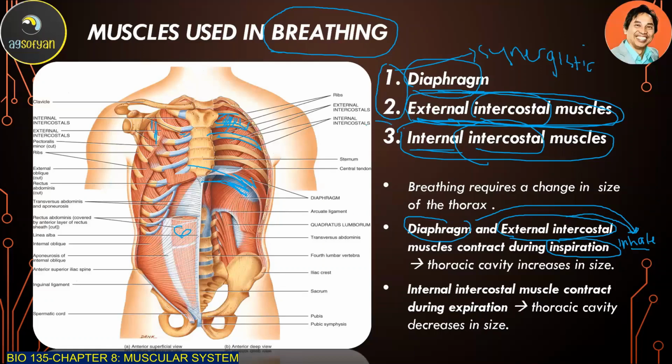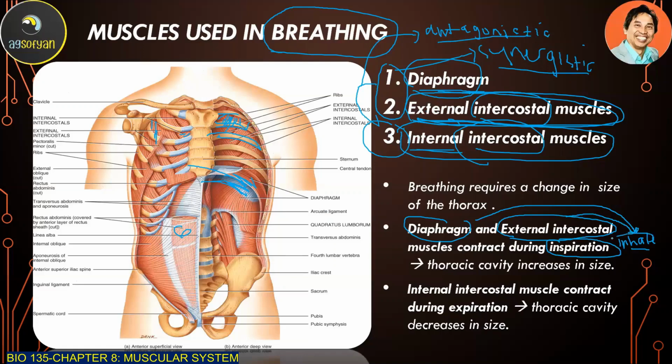Number three over here, when we compare with number 1 and 2, is going to be antagonistic. Antagonistic muscles: one group relaxes, the other one contracts. So the diaphragm and external intercostal are synergistic. The diaphragm and external compared with the internal are going to be antagonistic.